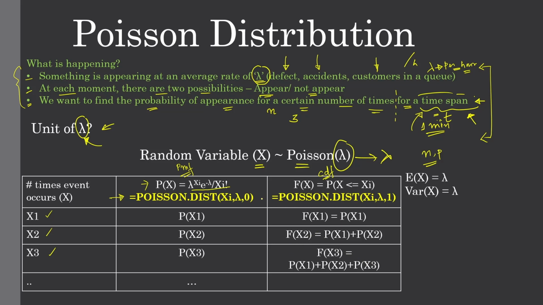Or otherwise, you can use this Poisson distribution cumulative distribution function formula directly using Excel. So now, without wasting any time, we will move on to our Excel sheet to implement these relationships using an example. So let us move on to the Excel sheet.